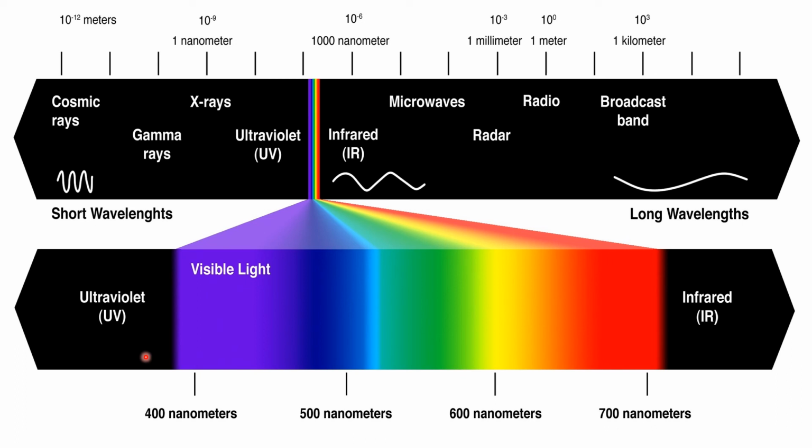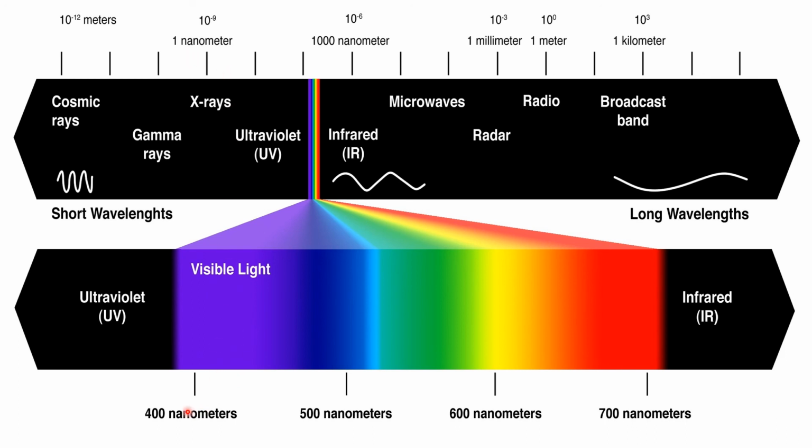So the light coming from the sun or any burning object is this only, isn't it? Visible light, ultraviolet light, and infrared light. Visible light is from 400 nanometers to 700 nanometers wavelength. 1 nanometer is 10 to the power of minus 9 meters.